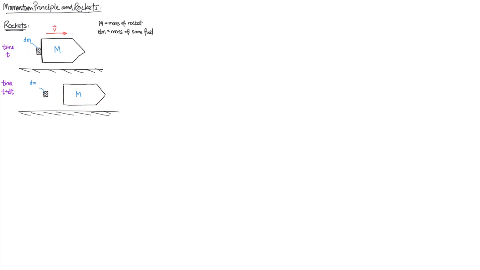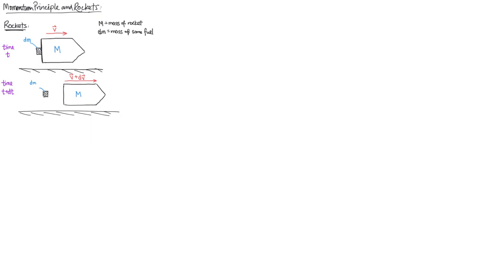And then we have some exhaust that has been shot out of the rocket. Depending on the speed of the rocket relative to the ground and the speed of the exhaust relative to the rocket, from an observer on the ground, that fuel may be moving to the right or it may be moving to the left. We don't yet know. Okay, what about the speed of the rocket? It used to be v, and now we've changed our velocity by an incremental amount, dv.